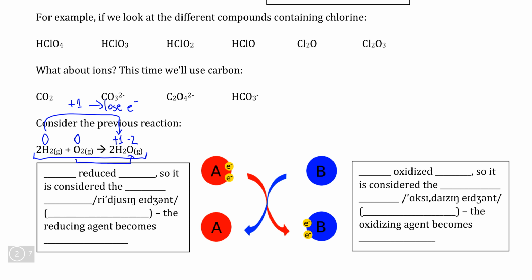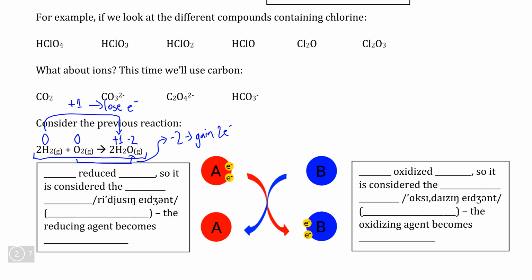Likewise, with oxygen, when we go from elemental oxygen to oxygen within water, we see a net change in the oxidation number of -2, meaning that oxygen has gained 2 electrons. Again, this is exactly what we expect. So therefore, we see that hydrogen is the oxidation reaction, while oxygen is the reduction reaction.